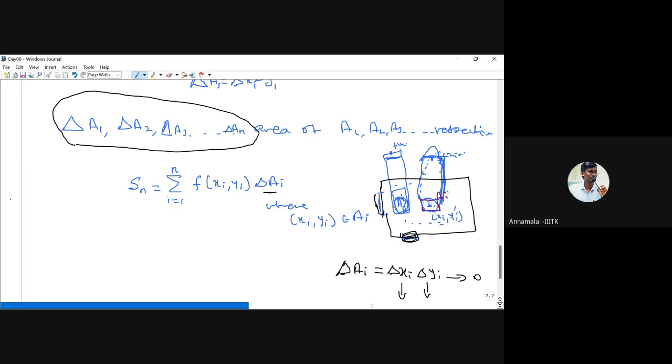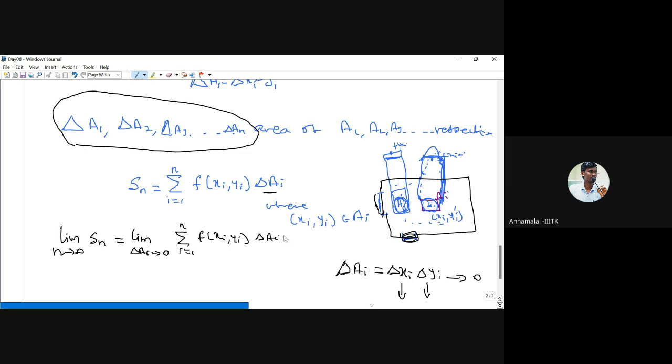So I am going to take the number of regions to infinity, therefore limit n goes to infinity of Sn. It's the same as reducing the size of each region, so simply saying, limit delta ai goes to 0 of the summation i equal to 1 to n of f of xi comma yi times delta ai.